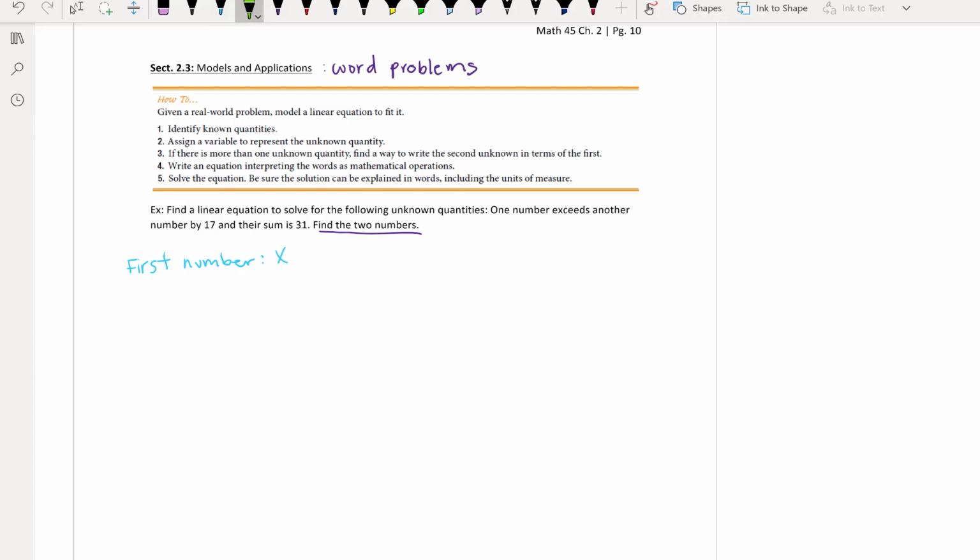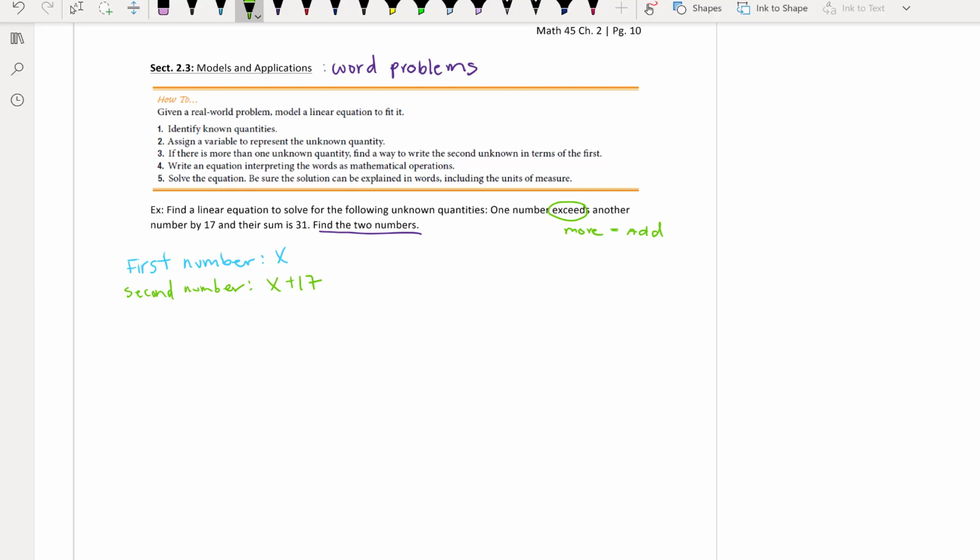Now, for our second number, what we know is that it exceeds it by 17. Exceeds is another way of saying more, and in math, that's the same as saying it's added. It's being added to. So this would be x being added to 17. So x plus 17 is what we're going to have.